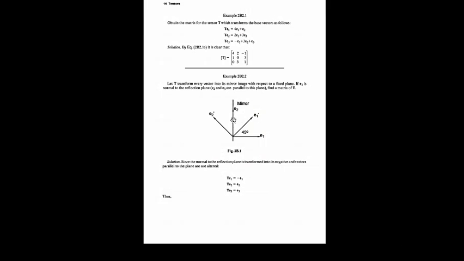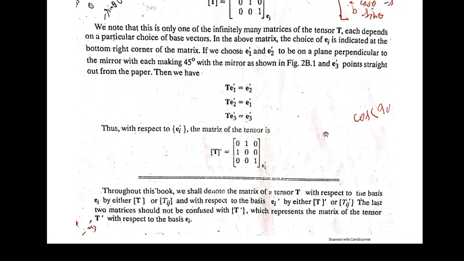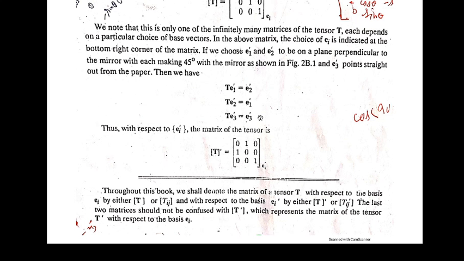So if we transform TE1 dash about this mirror, we will get the image of TE1 dash equal to E2 dash, and the mirror image of E2 dash will be E1 dash, and E3 dash will not change.